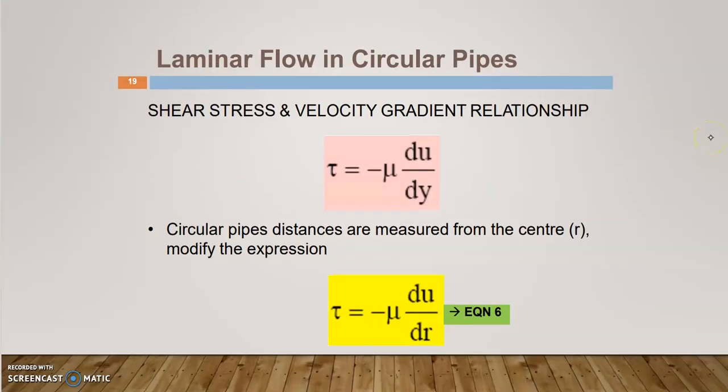And now we go to the shear stress and velocity gradient relationship. So here we have the shear stress equal to negative mu, the viscosity, times du over dy. When the distance in the circular pipe is measured from the center r, this modifies the equation into equation 6.